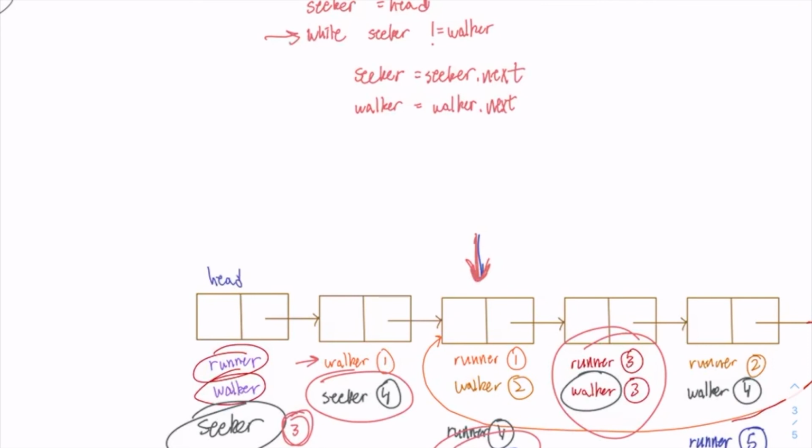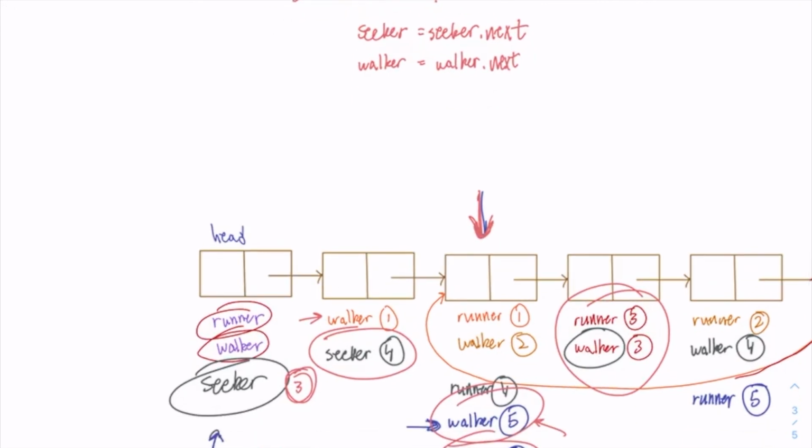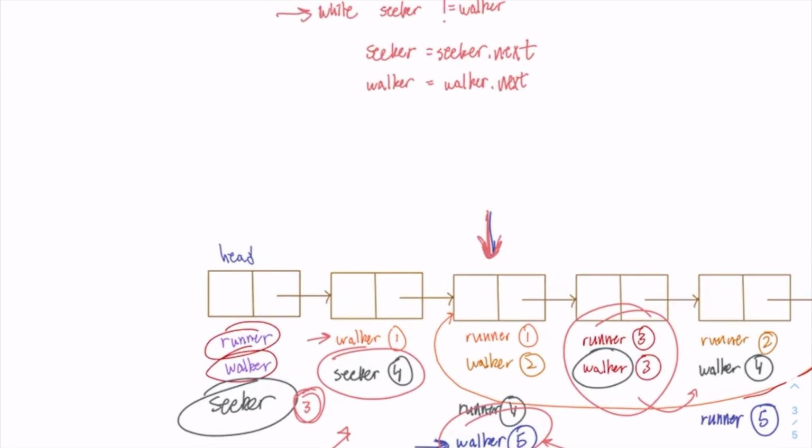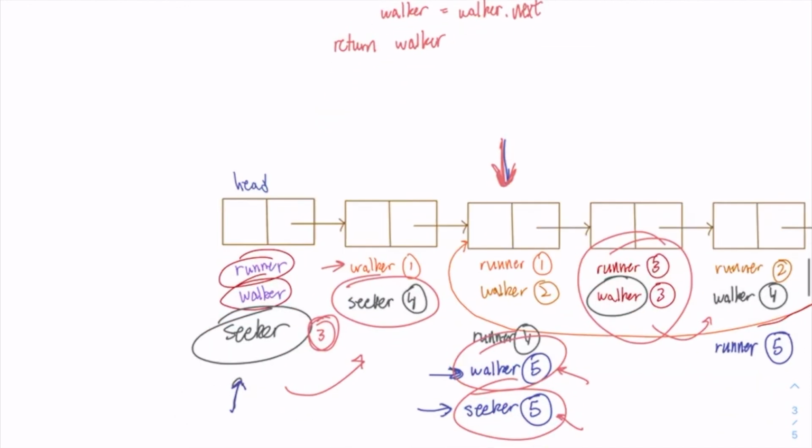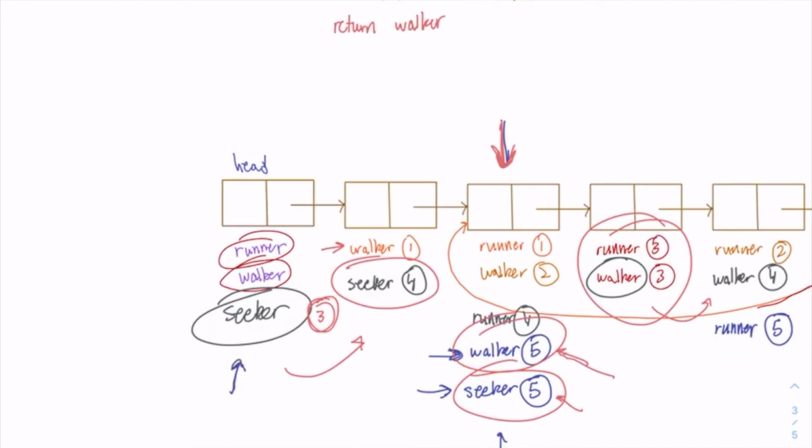So this while loop will increment the seeker variable and increment the walker variable until seeker is equal to walker. And when seeker is equal to walker, we will return walker, because walker is now where seeker is.